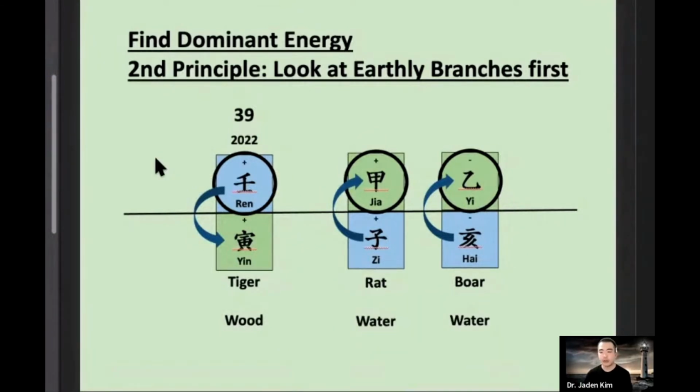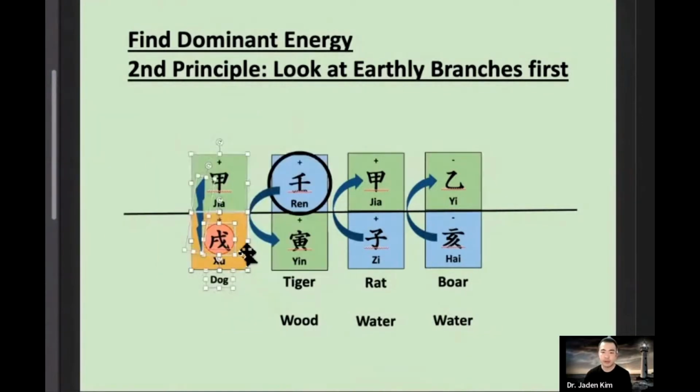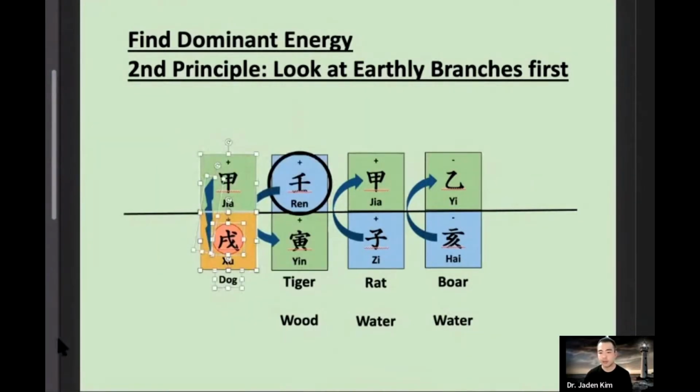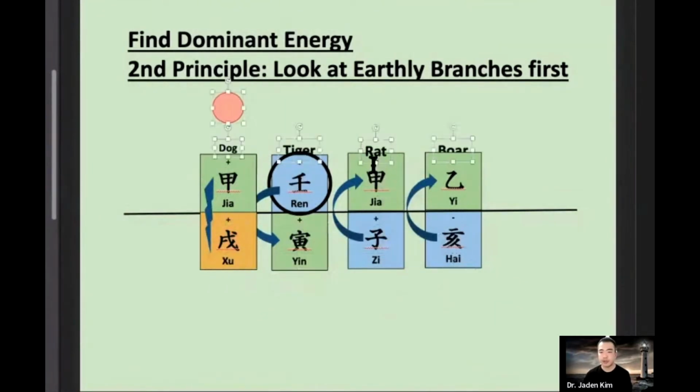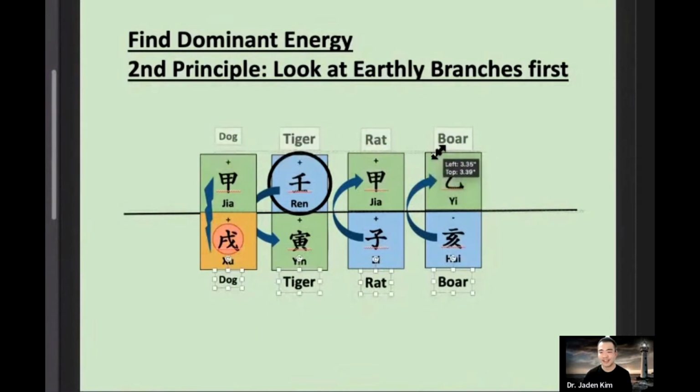When we look at the whole chart and have to determine the dominant energy, we look at the earthly branches first. Let's think this is one's chart, and the daily master is yang water. Please forgive me, this is my first time being live.